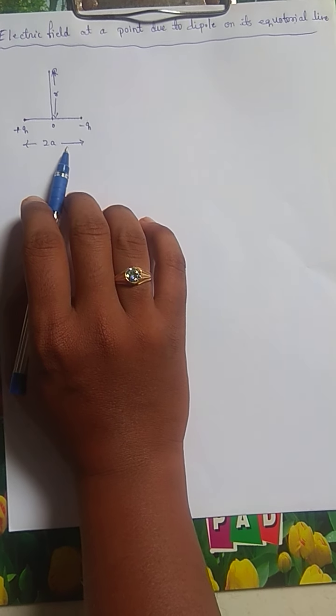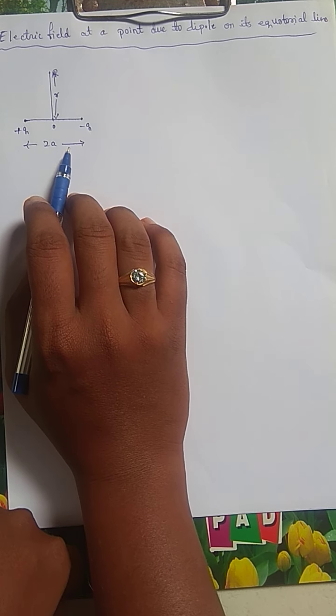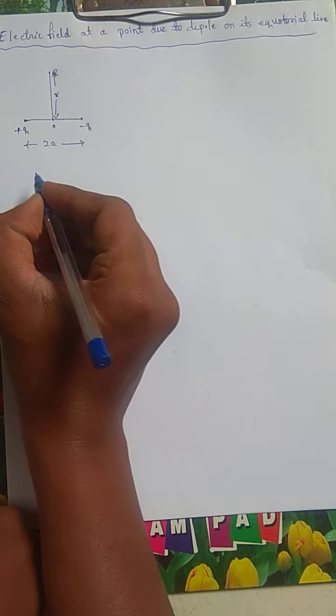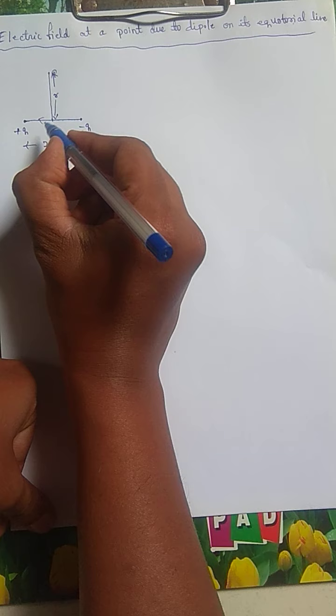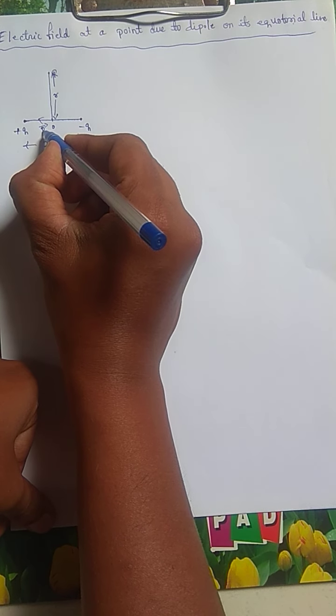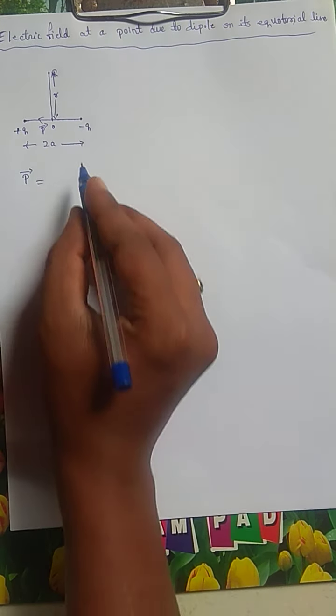We have taken an electric dipole with an electric dipole moment directed from the negative charge to the positive charge. This is the direction of the electric dipole moment.